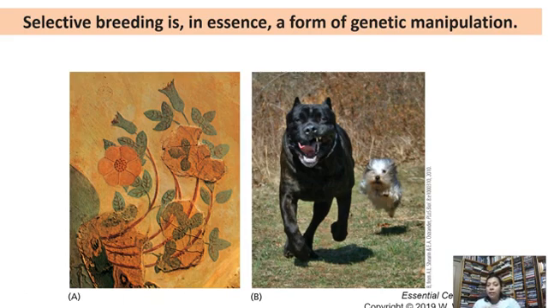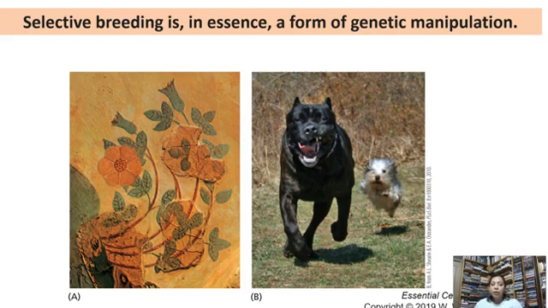Now you don't necessarily have to know the sequence of that particular gene or even anything about that gene as such. A lot of the initial selective breeding happened just because of selecting individuals that had those characteristics, whether it was a plant or an animal that we wanted to have in the next generation, and selectively breeding them in that way. So that is a form of genetic manipulation as well, right?